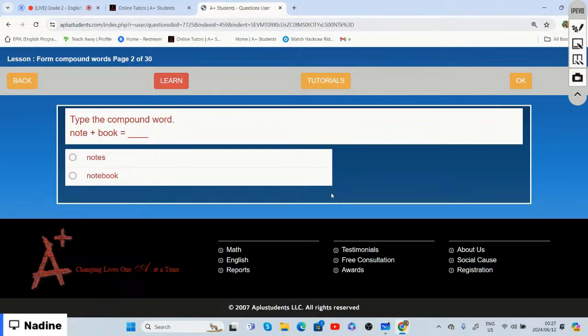Well done, everybody. Note plus book. Is it notes or is it notebook? So notes plus book. Is it notes or is it notebook?